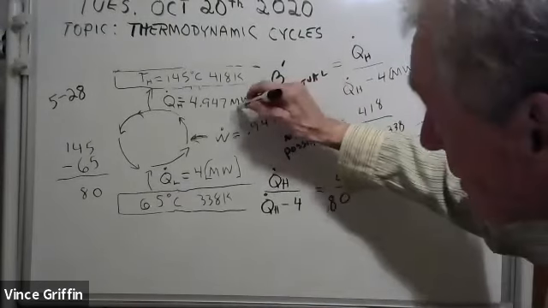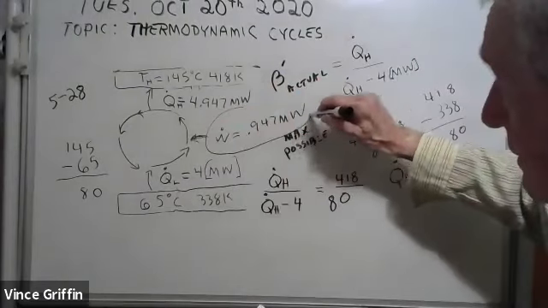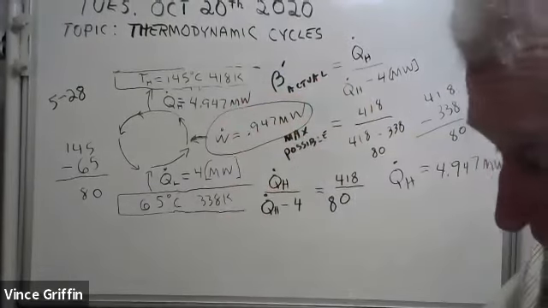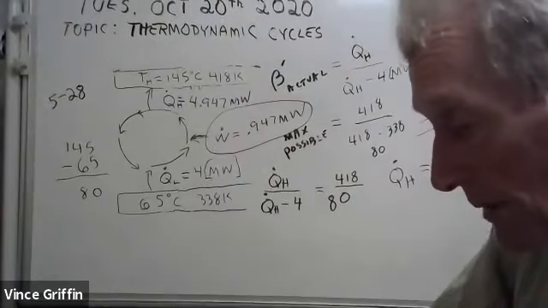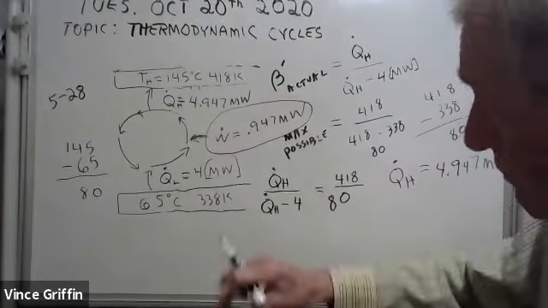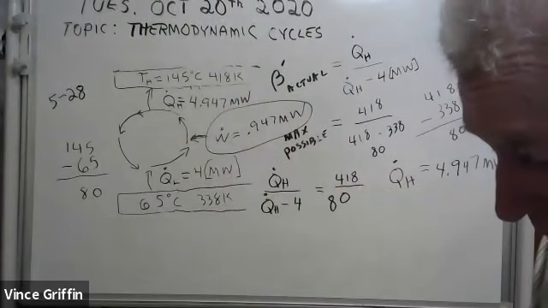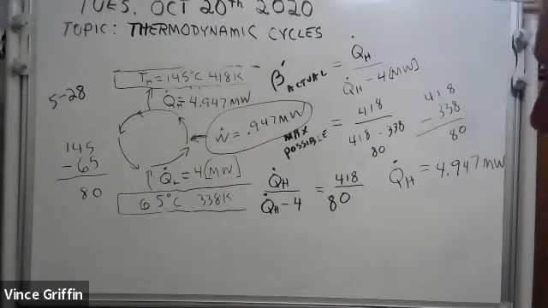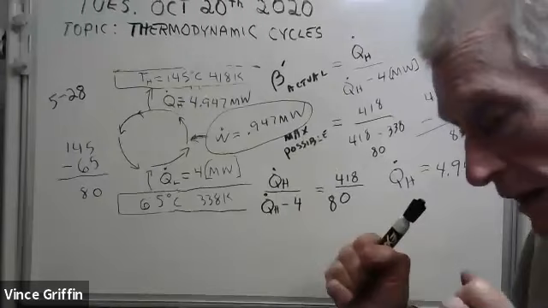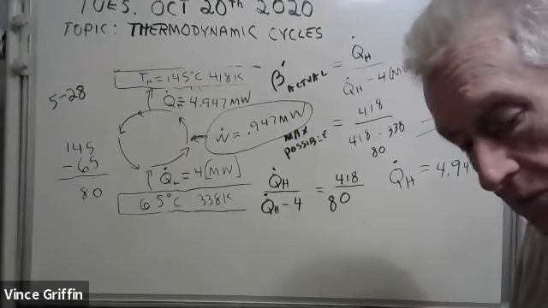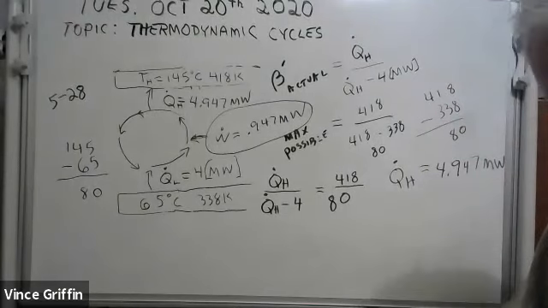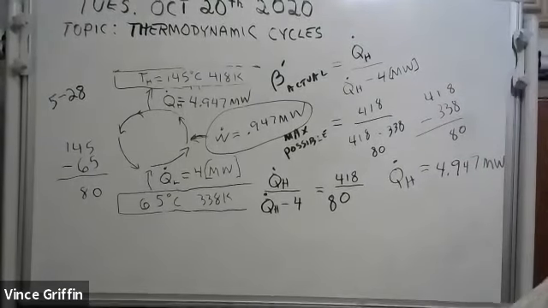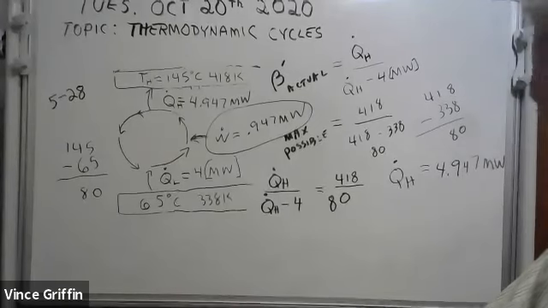And that's the minimum power. In a real heat pump, you're going to have a power bigger than that. But that's the power that you'd have to have if this heat pump worked perfectly with no irreversibilities, which we will talk about soon. So there you have it.